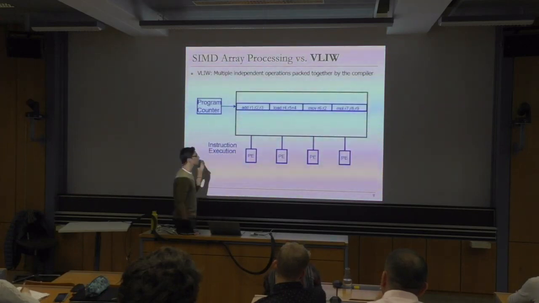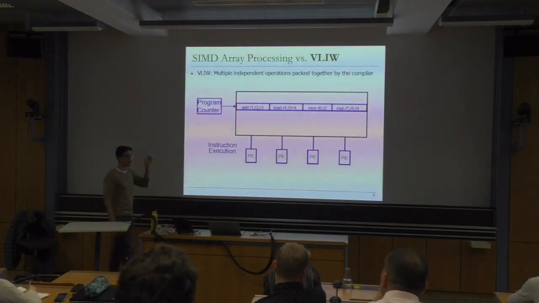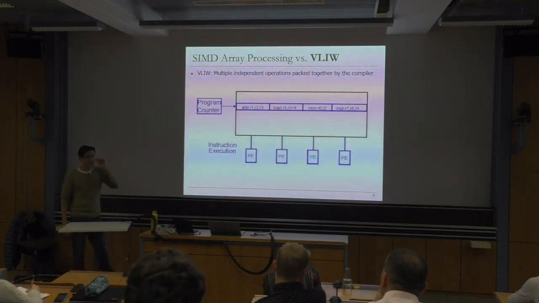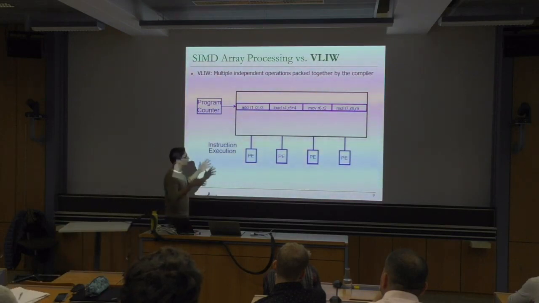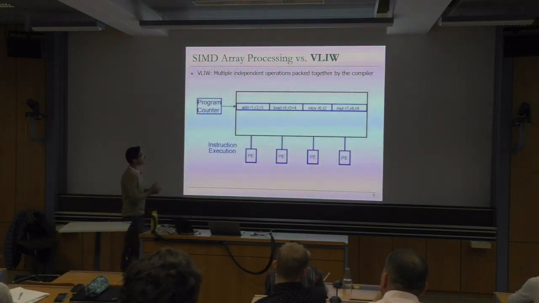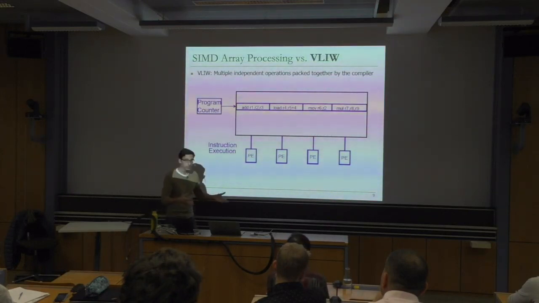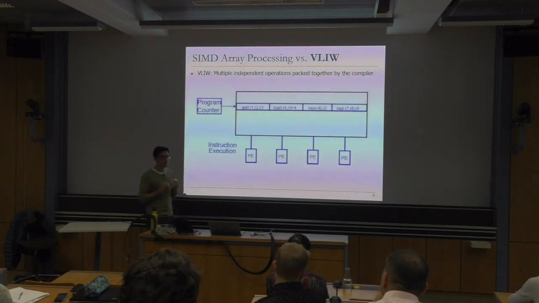Okay, we were comparing before with data flow machines and with multi-thread machines. One more comparison that is worth doing, you might also be familiar with the VLIW paradigm, very long instruction words. These are machines helped by a very wonderful compiler that is able to extract instruction level parallelism from the programs.